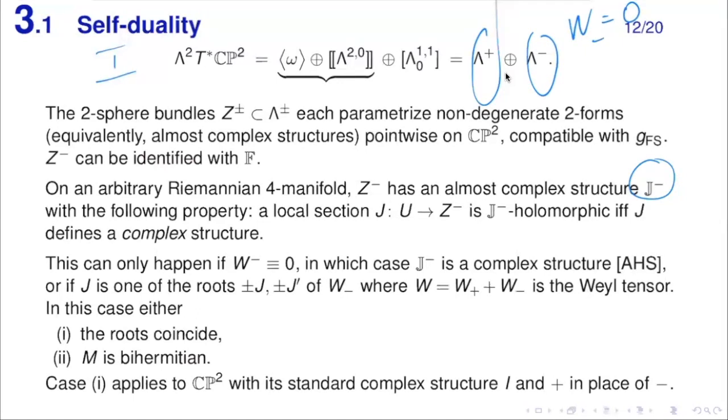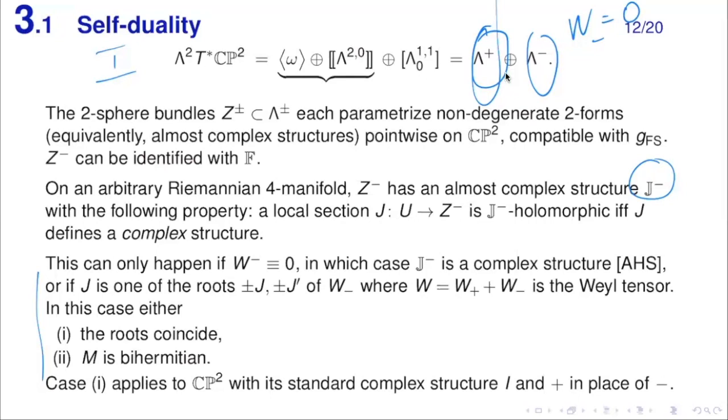I just wanted to say, because I don't know how well known this is, that if the Weyl tensor is not 0, if that half, the semi-Weyl tensor, is not 0, as in this case here, the twistor space bundle can't be complex, the J can't be integrable, but you could still have complex structures. But you can only have at most 4, or up to sign at most 2, because the complex structures, these sections I was drawing, have to correspond to roots of the Weyl tensor.